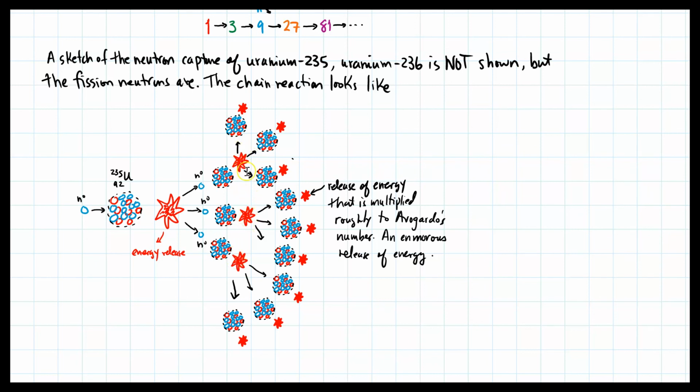And then those 3 neutrons go on to do what? Hit 2 other 235s, and you can see all these little red stars is the release of energy. It's this release of energy that is multiplied roughly to Avogadro's number, that is the release of an enormous amount of energy. And that's how a nuclear bomb's underpinnings work.